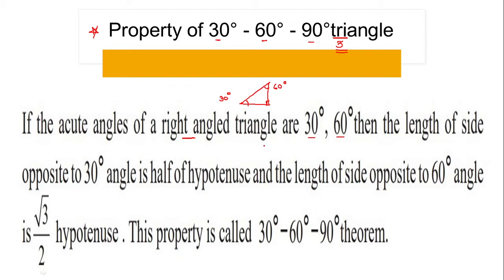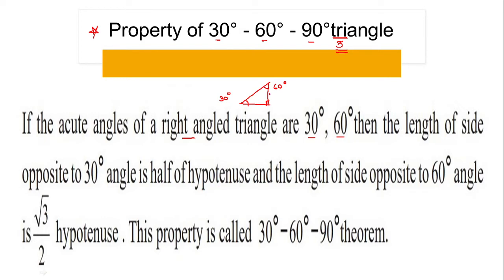If you have any such triangle, then the length of the side which is opposite to 30 degrees, now here we have an angle of 30 degrees, which is the side opposite to 30 degrees? This side, the side facing this 30 degree angle. So the length of the side opposite to the 30 degree angle will be half of the hypotenuse.